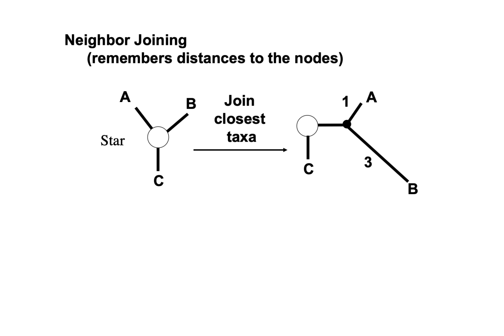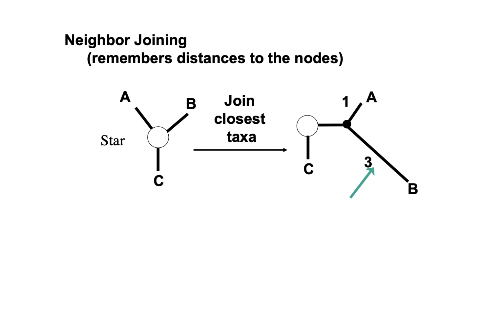The distance from A to B, A to C, B to C, etc., so that it knows that it's a little further from B to C than it is from A to C. So it moves the node over in this case. So when it joins the first 2 taxa together, which are the closest, A and B, it knows that the distance between A and the node is 1, and the distance between B and the node is 3.